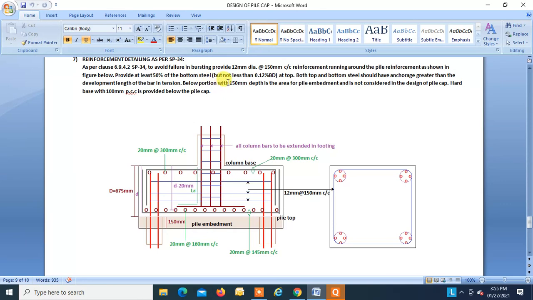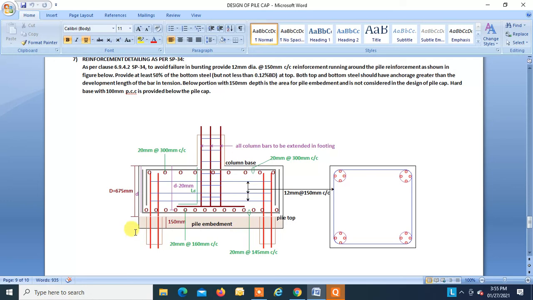Now the below portion of 150 depth is the area of pile embedment and is not considered in the design of the pile cap, which we have already studied. This bottom area, that is 150 in which the pile is embedded, is not considered in the design of the pile cap.